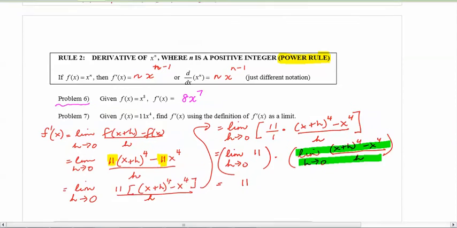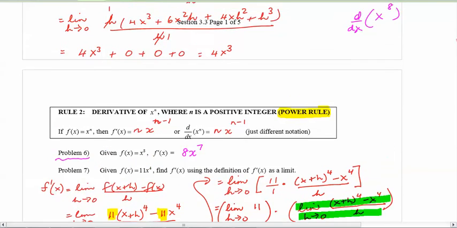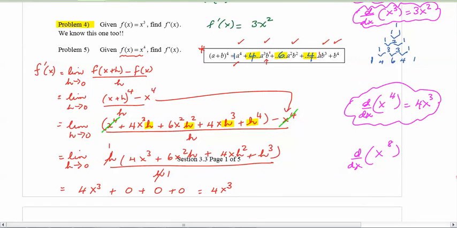If we scoot back to the previous problem, here it is. It's exactly the same as what we had. That expression, the limit as h goes to 0 of x plus h to the fourth minus x to the fourth all over h, turns out to be the derivative of x to the fourth.